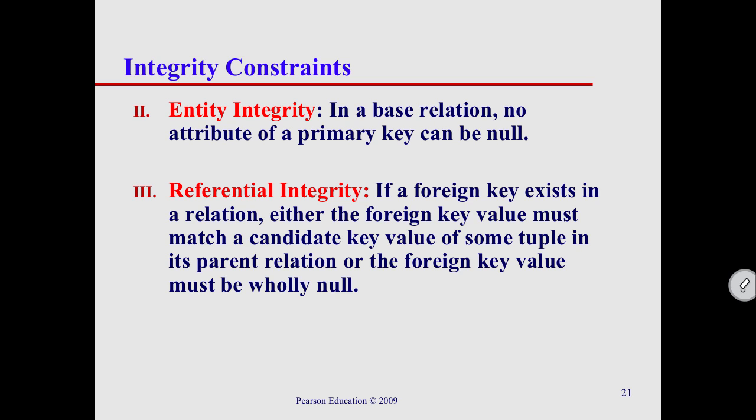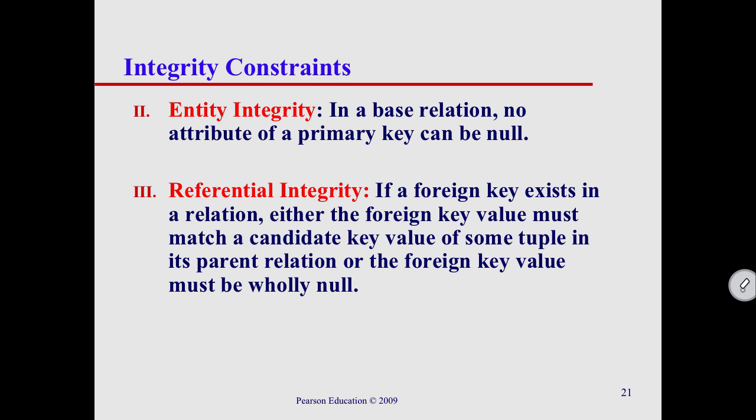If any attribute could be null, it would probably mean that attribute doesn't need to be in the primary key. It probably is not required in order to uniquely identify the tuple. So entity integrity says no field in a primary key may be null.